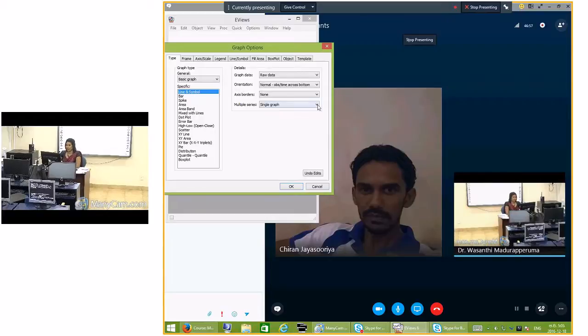Here you need to select a single graph, where all the variables are in one graph, or multiple graphs, separate graph for each variable. So select multiple graphs and then click OK.